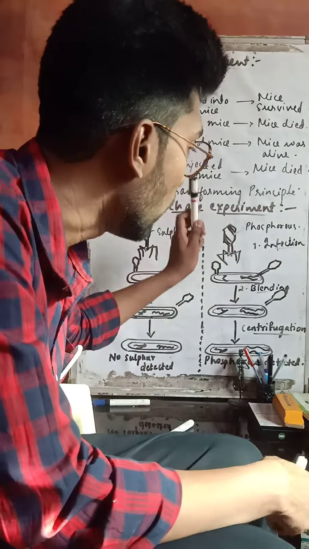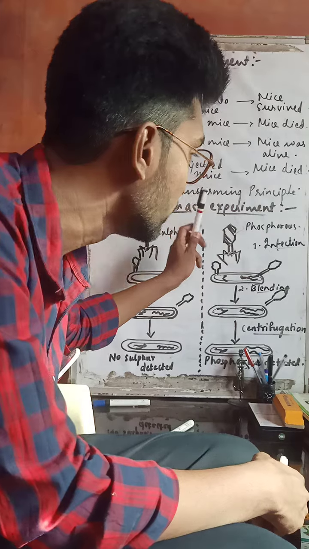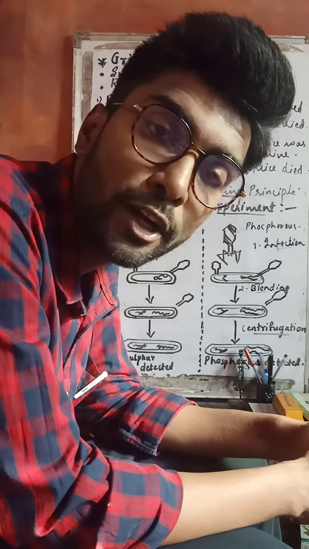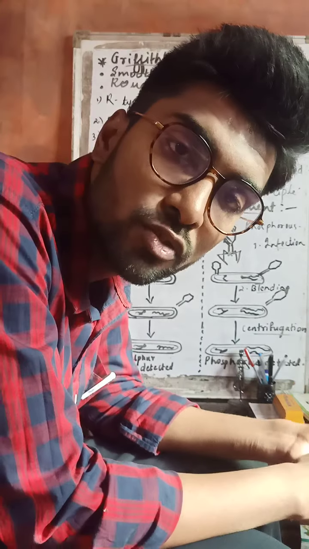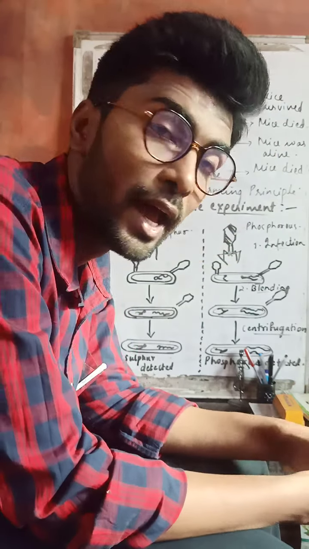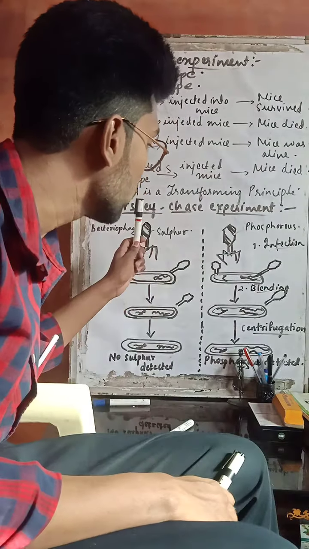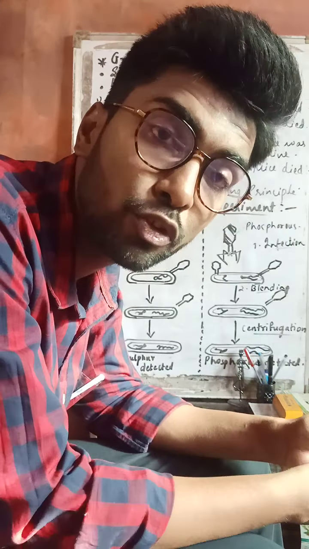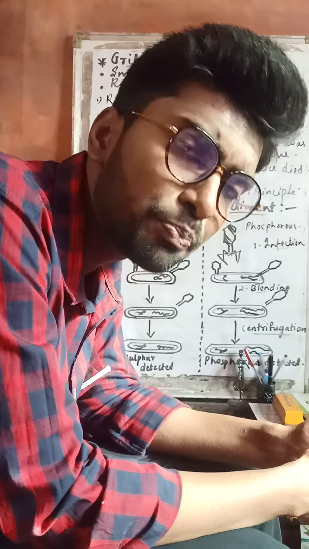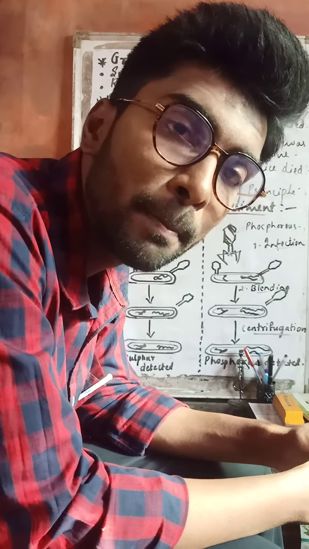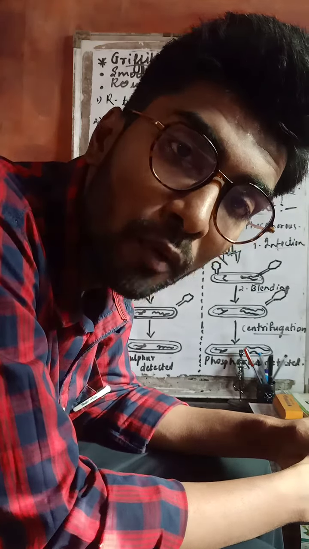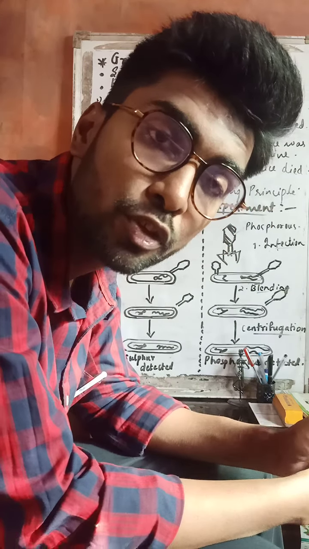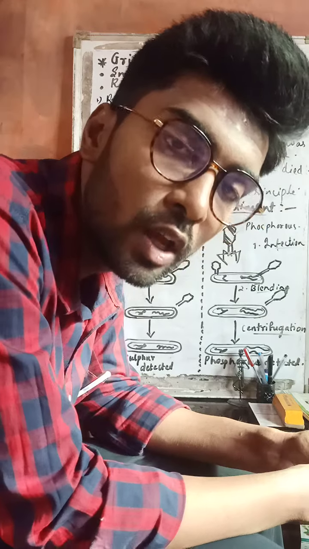Whereas the viruses which were grown in the radioactive sulfur medium contain radioactive proteins but not radioactive DNA. Why are radioactive proteins present? Because proteins are made up of sulfur, and DNA does not contain sulfur.